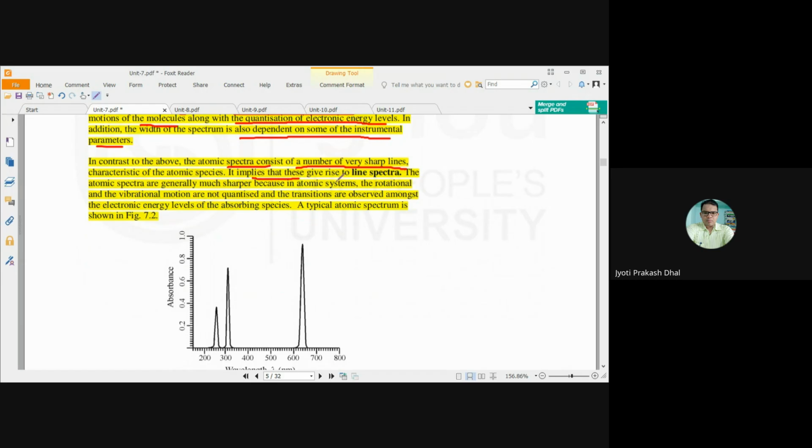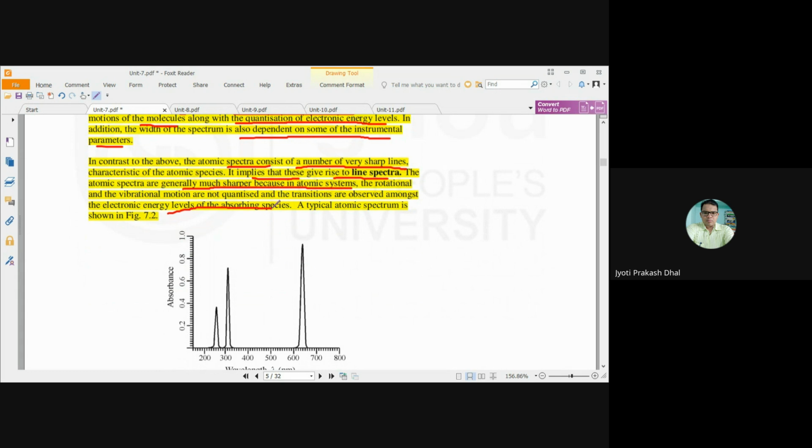It implies that this gives rise to line spectra. The atomic spectra are generally sharper because in the atomic system, the rotational and vibrational motions are not quantized. That means the rotational and vibrational motions of the atom are not considered, and here only the transitions among the different electronic energy levels of the observed species are seen.